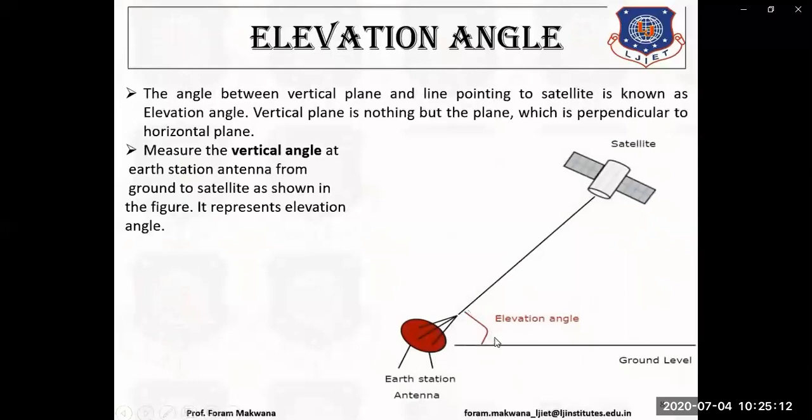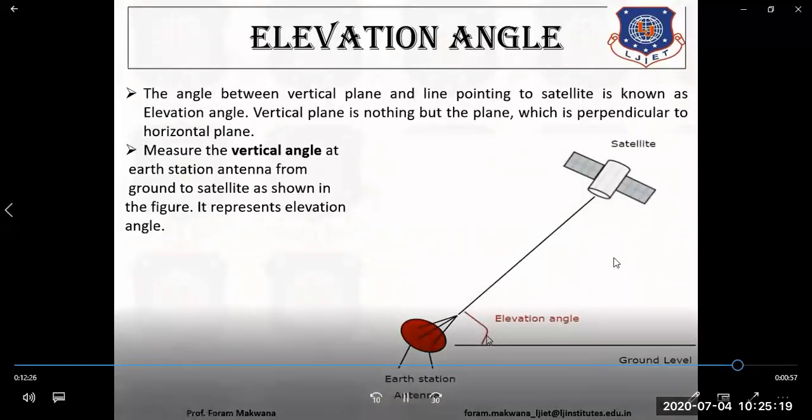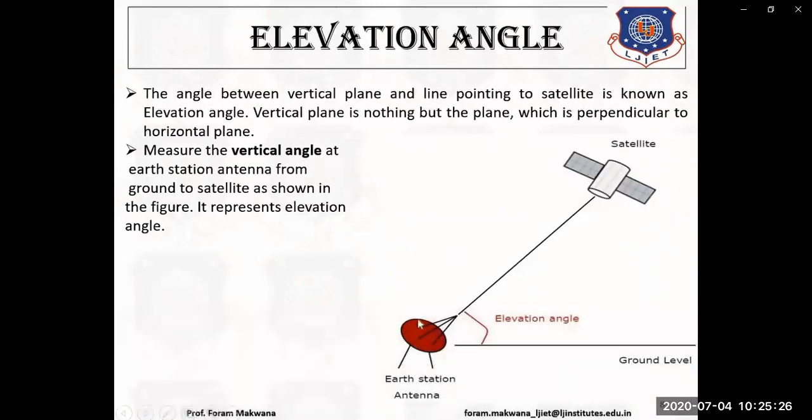This vertical angle, which is perpendicular to the horizontal plane, is known as the elevation angle. So measuring the vertical angle at the Earth station antenna from the ground to the satellite is known as the elevation angle. So these are the two angles, azimuth and the elevation angle.